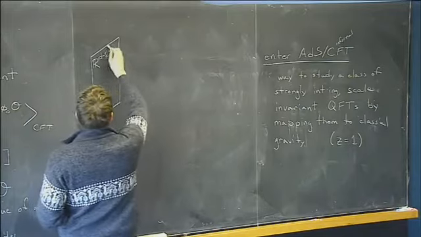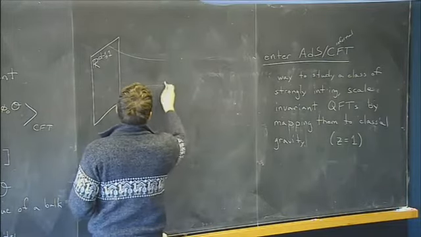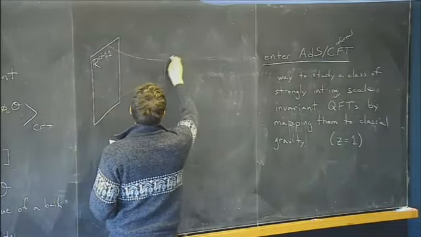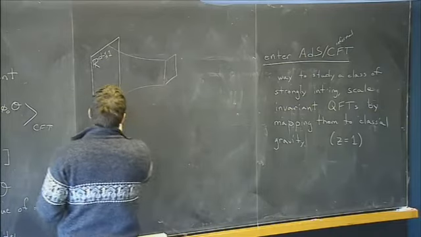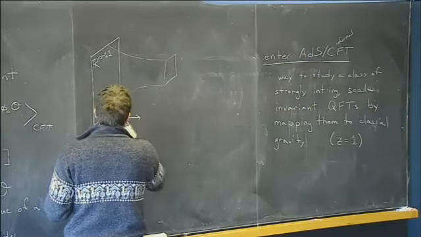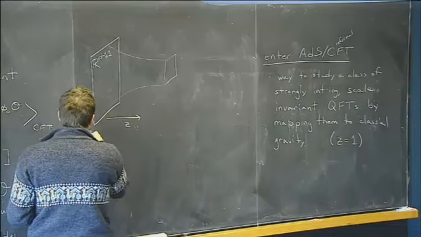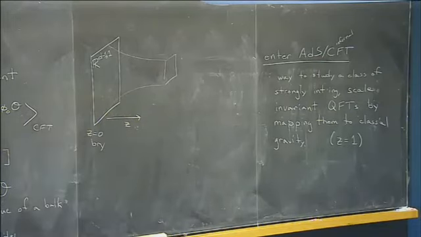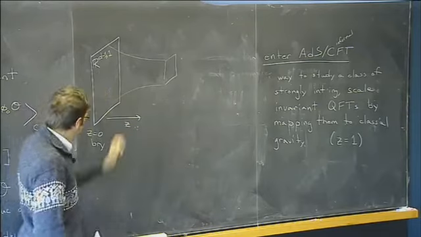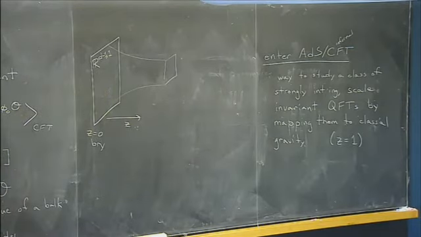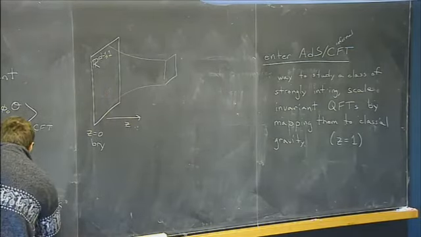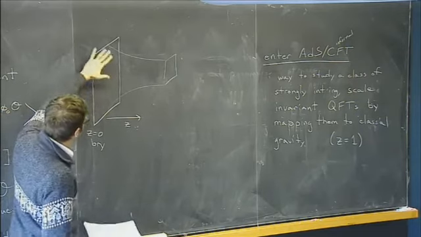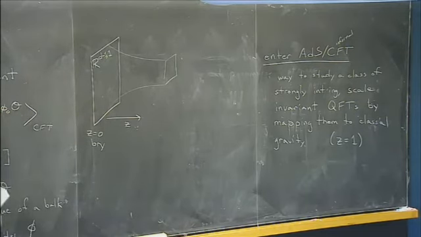And then there's a kind of a radial direction here, which goes in. Let's call this radial direction z, and z equals 0 over here is a boundary. So I have some fields which live in the bulk of this space, which I'll call phi. And their boundary value, phi naught, is going to be identified in this correspondence with sources for operators in the conformal field theory.